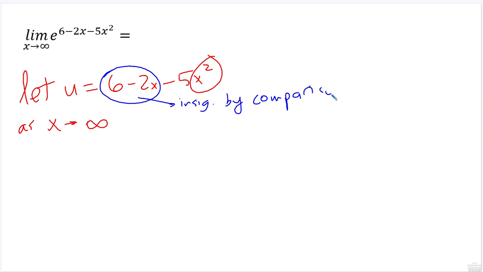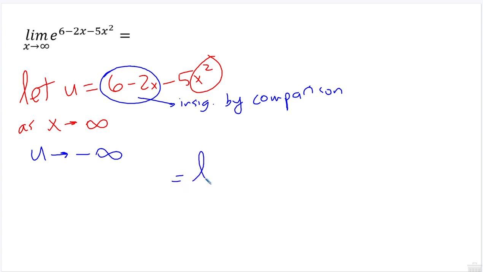And so what happens to negative 5x squared as x goes towards infinity? Well, infinity squared is infinity, and negative 5 times infinity would be negative infinity. So really u is approaching negative infinity if I let u be that exponent.